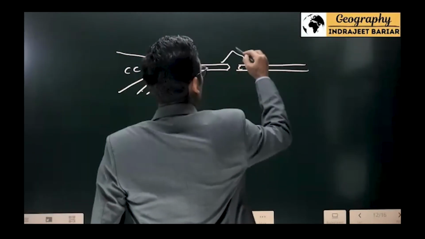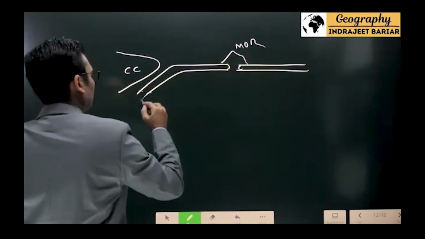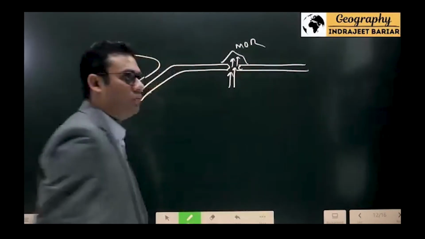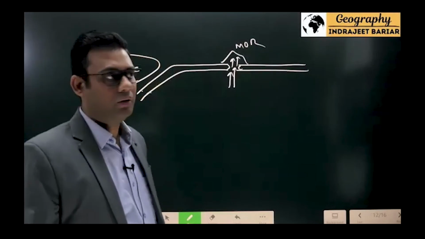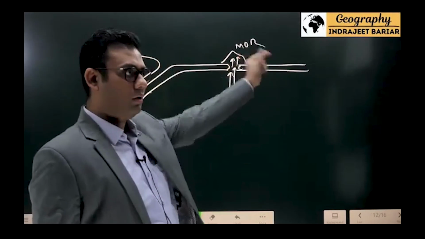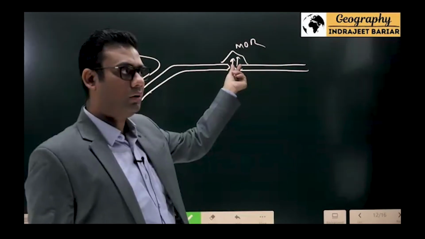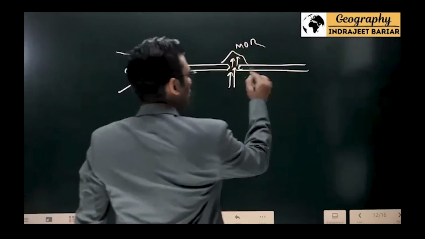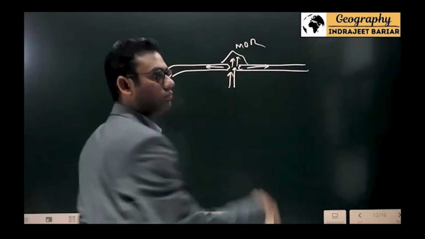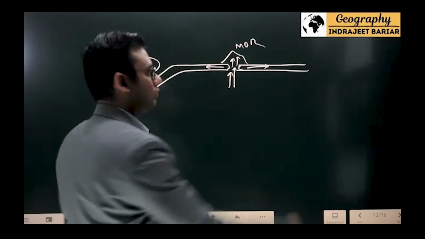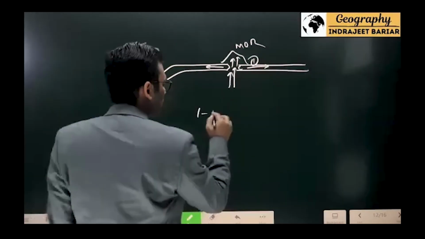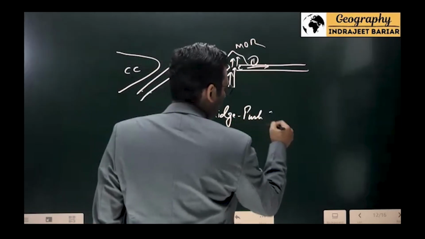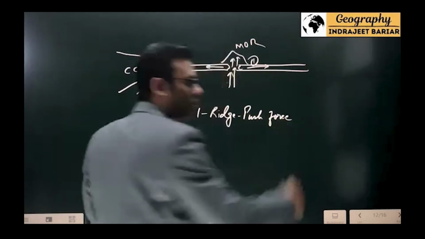So the first force is applied by the outcoming magma. तो जब मैग्मा यहां से it forces itself out, it pushes this crust outwards. ये first force है, and this force is called ridge push force.